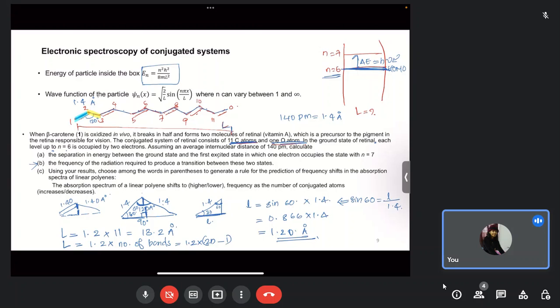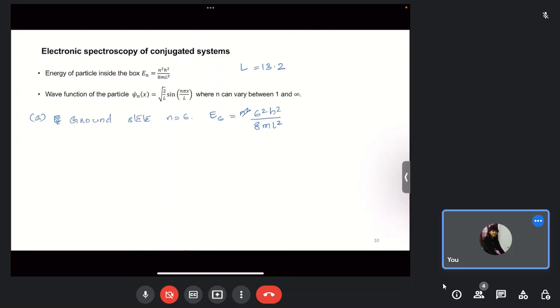Here there are 6 double bonds, so 2 into 6 minus 1 is 11. It's the same as what I have done here. So L is equal to 13.2 angstrom, and m is the mass of electron, 9.1 into 10 to the power minus 31 kilograms.